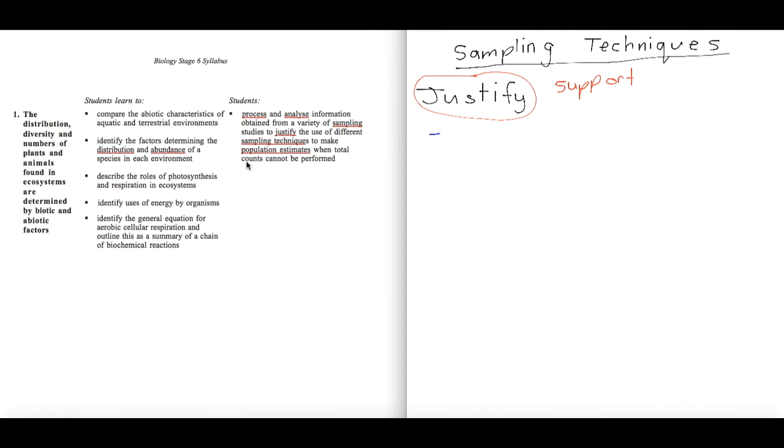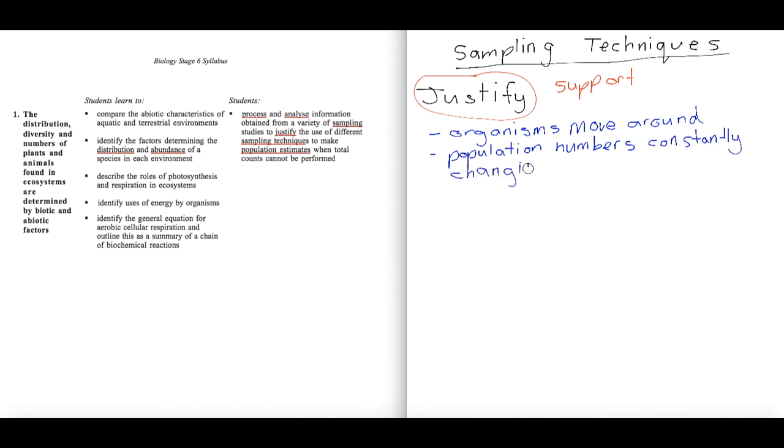So for example, one reason why we might use these techniques to make estimates of a population is because organisms move around. So it's very difficult to count all the individual organisms in an environment if they're constantly moving around, and if population numbers are constantly changing in an environment.